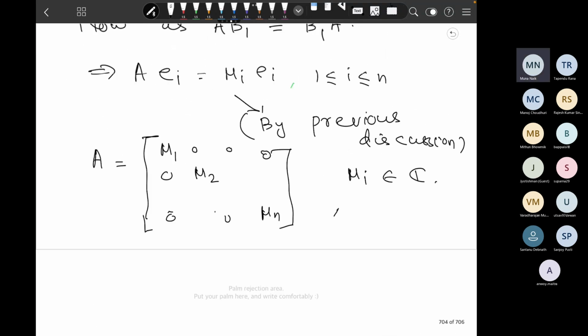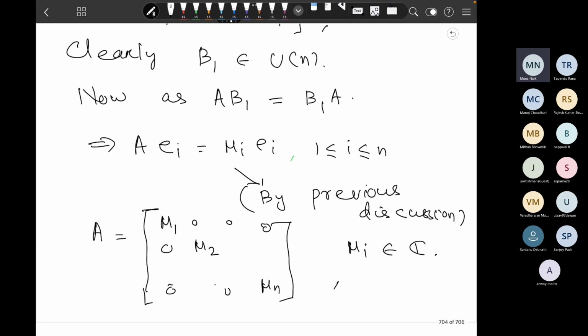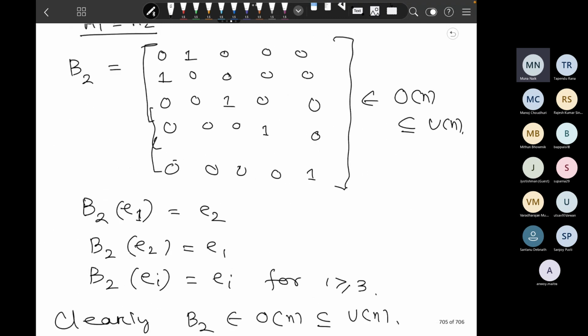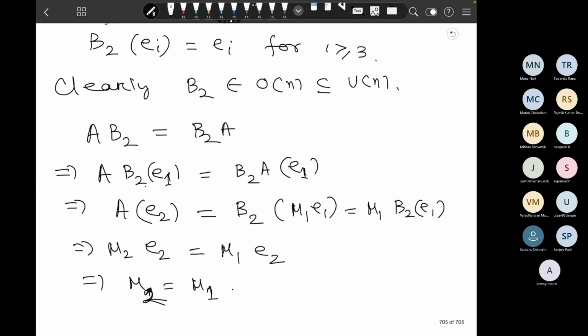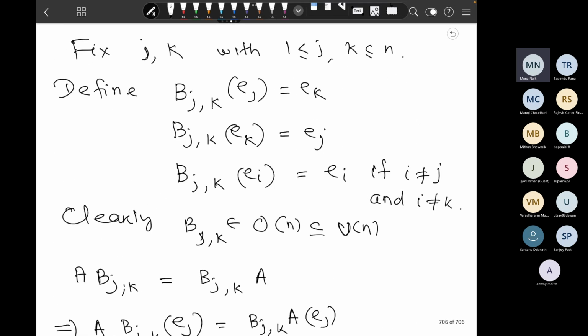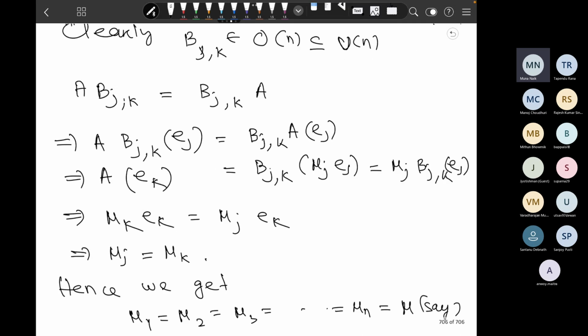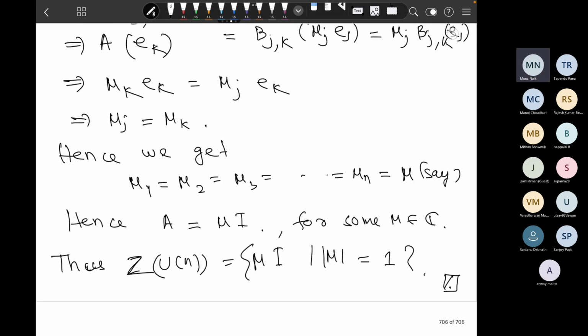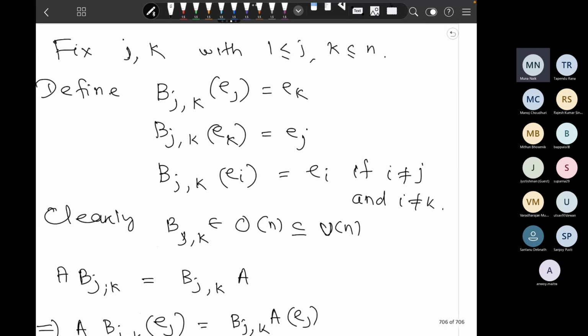Now AB1 is equal to B1A will give you A is equal to some diagonal matrix mu1, mu2, up to mu n. Then you choose some Bj comma K, so that you get mu J is equal to mu K, and therefore you can conclude that A is of the form mu I. Then there is nothing after that. Okay, so this is the first example.